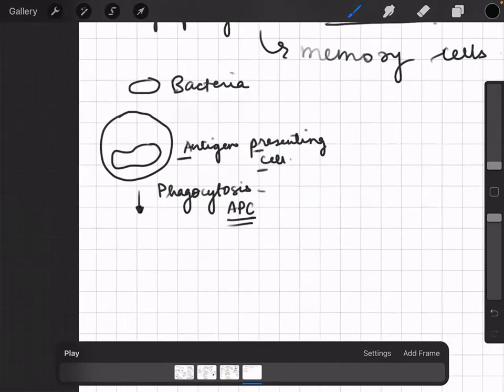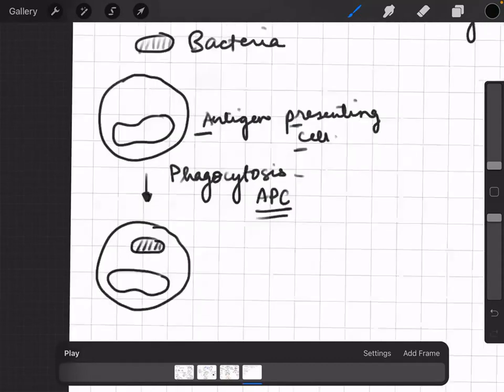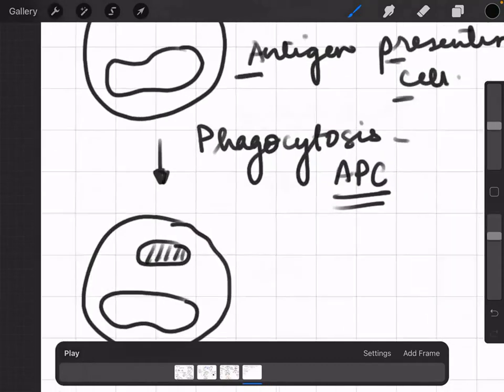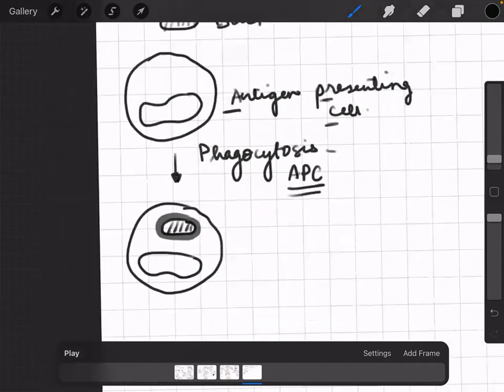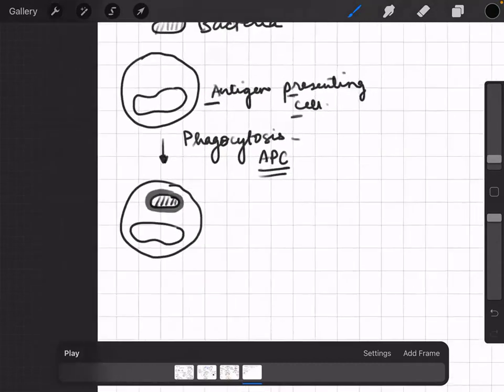Now, once this antigen presenting cell has engulfed this bacterium, so we'll make the bacterium with a different structure like this. Once this bacterium has been engulfed, it secretes a vacuole around it like this, so that it does not interfere with the cellular activities of your antigen presenting cell.